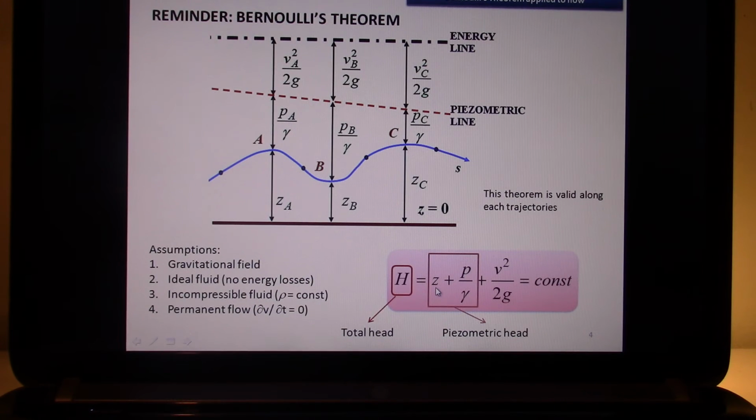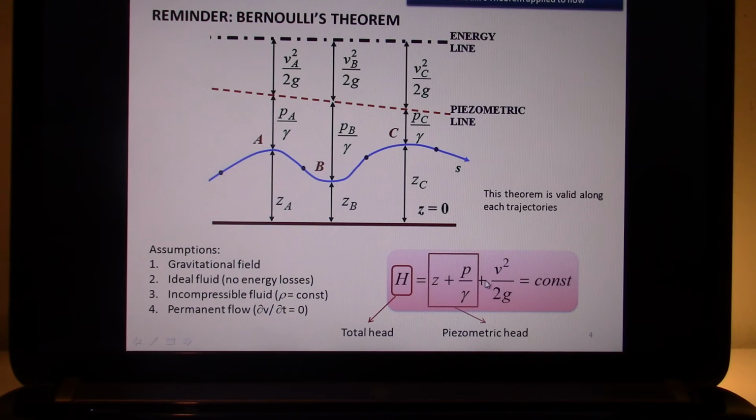That is the geodetic height, which is basically the ratio between the potential energy of the fluid over its weight, plus P over gamma, the pressure over the specific weight of the fluid, which is a pressure height, and these first two terms give you what is called the piezometric head. So from these two terms you can define your piezometric line as the sum of exactly these two terms.